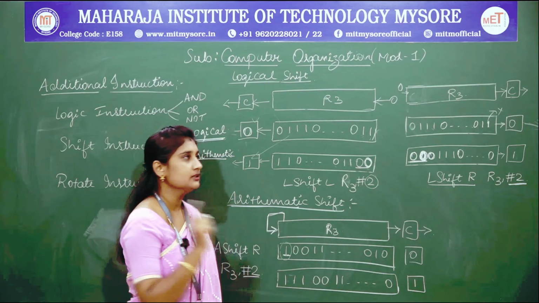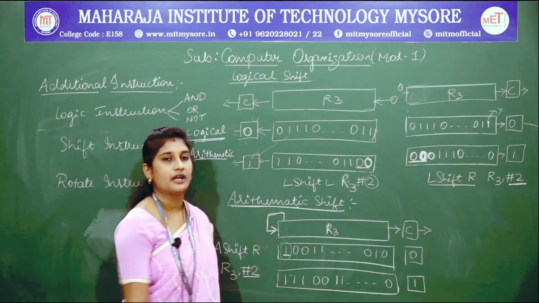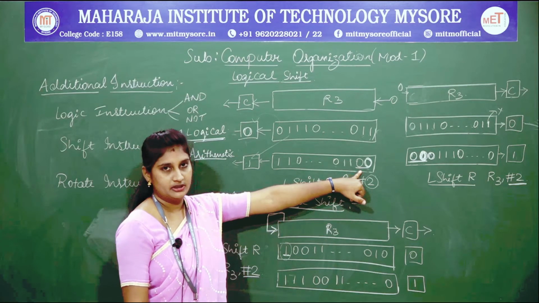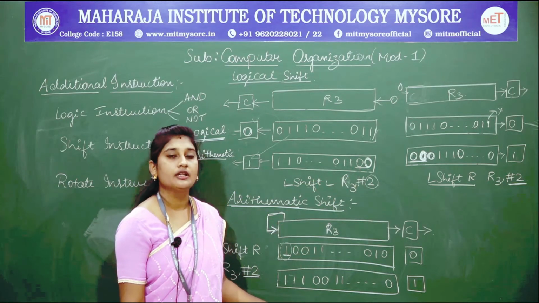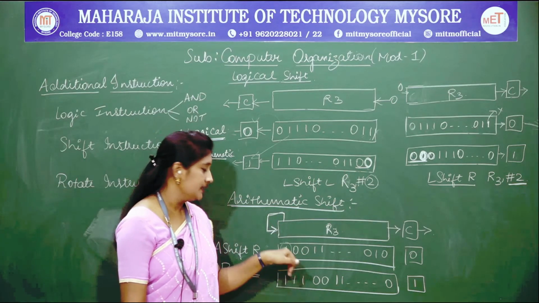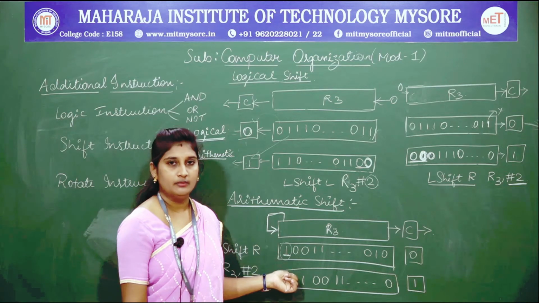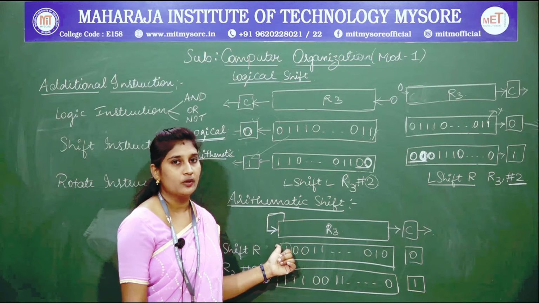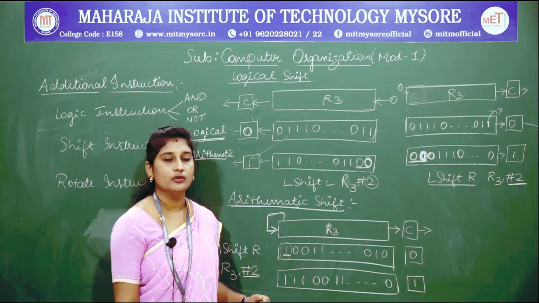Fine, understood. That is the only difference between logical shift and arithmetic shift. In a logical shift, the empty bits are filled up with zeros. In an arithmetic shift, the empty bits are filled up with the sign bit of the number. If the sign bit is 0, you fill the empty bits with zeros. If the sign bit is 1, you fill the empty bits with 1.